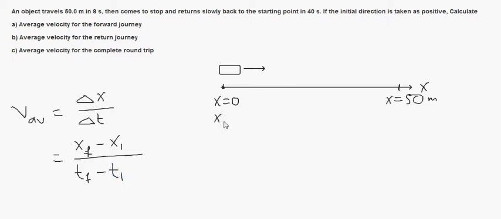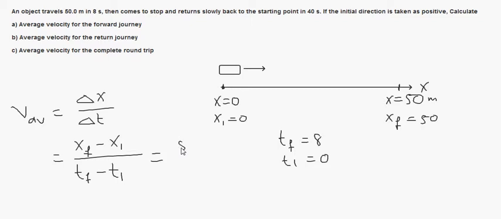Here xi is equal to 0 and xf is equal to 50, and tf is equal to 8 seconds and ti is 0.